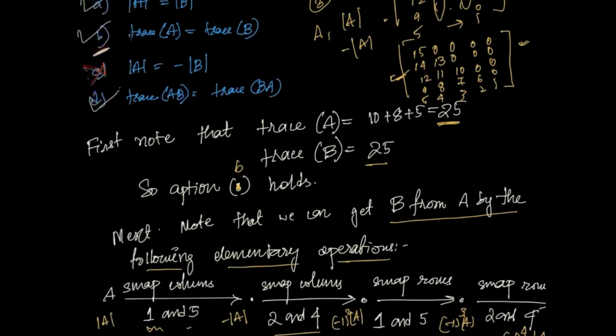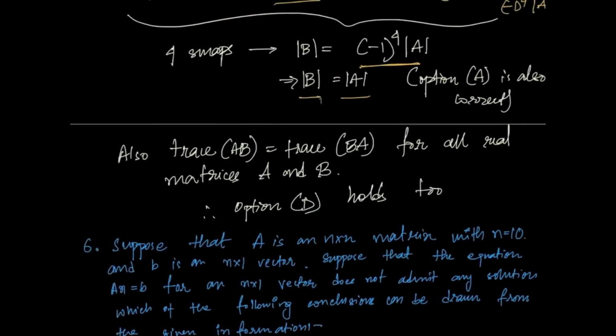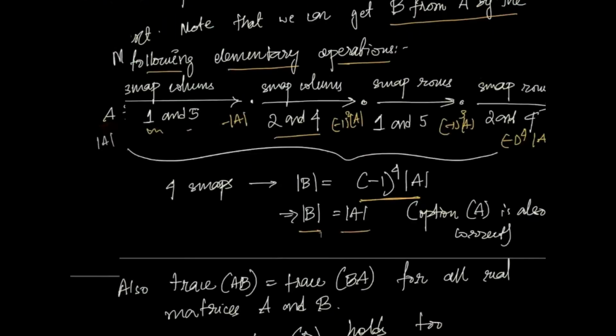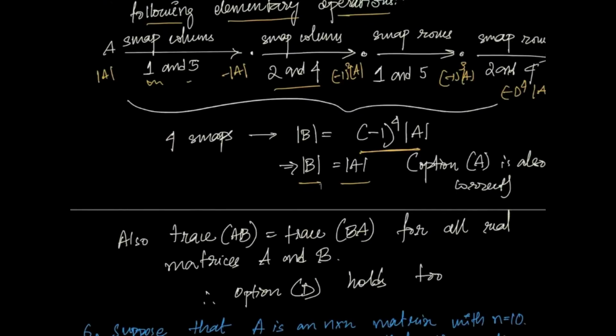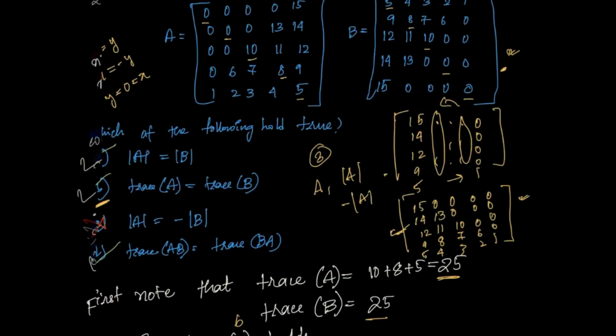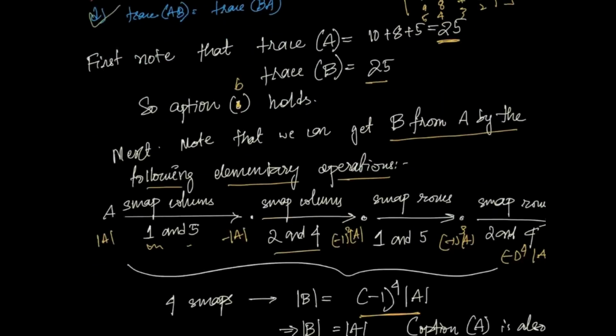Now moving on to option D, we can see that option D holds because trace of AB is equal to trace of BA for all real matrices A and B. The reason that I'm using this and I'm not proving this statement here is because there are some properties regarding the determinant, regarding rank, and regarding trace of matrices.